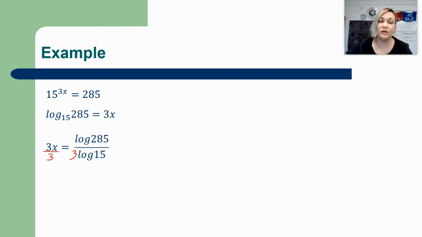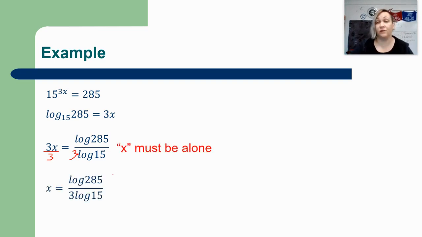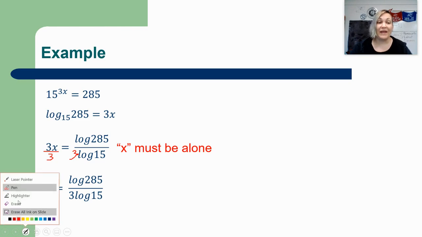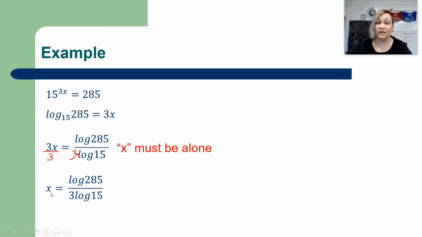Now you want to put it in front of the log 15. It's technically being multiplied with the log 15. And you're just going to leave it there. It doesn't get multiplied with the 15. The 15 is attached to the word log, and the 15 cannot change. So you're just going to leave the 3 in front of the log 15. And now that I have the x all by itself, there's no other numbers. This says x equals. This is now my calculator ready form.